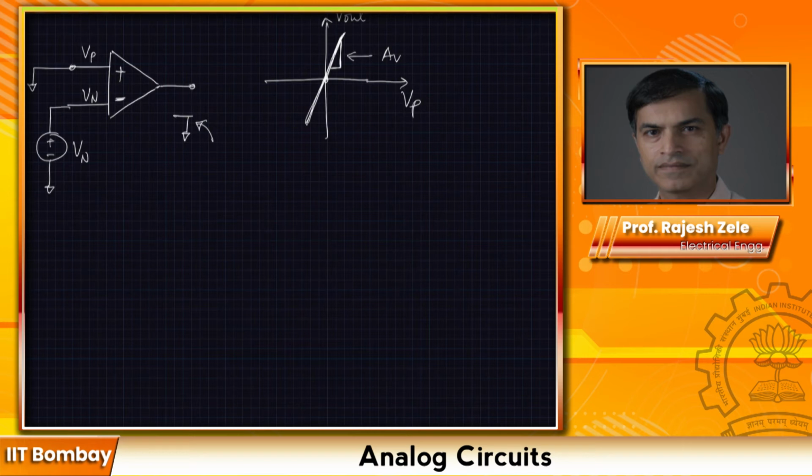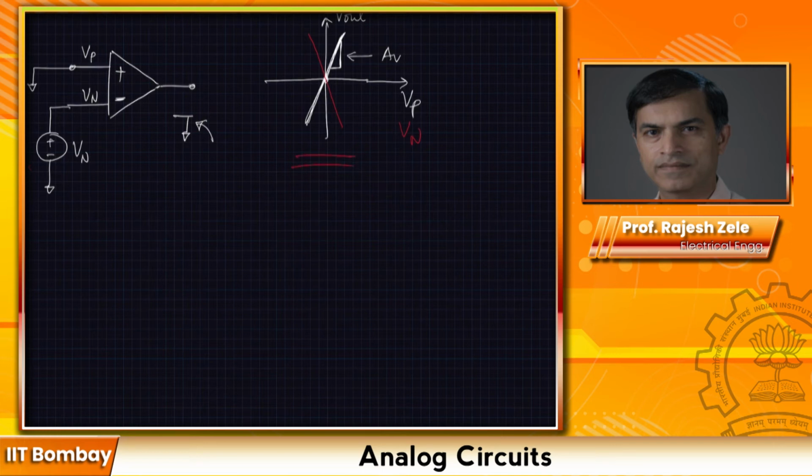Then what we would see is something that would look like this, right? So the red would be the Vn case. Whenever Vn is negative compared to Vp, the output will go high. And when Vn becomes positive compared to Vp, the output will go low. Okay. So this is kind of important to understand.